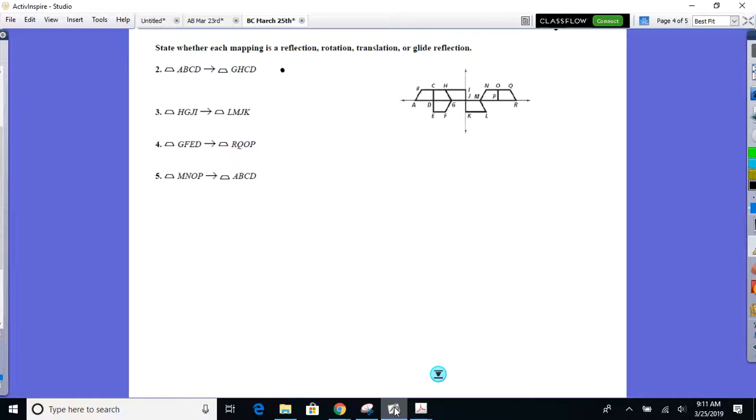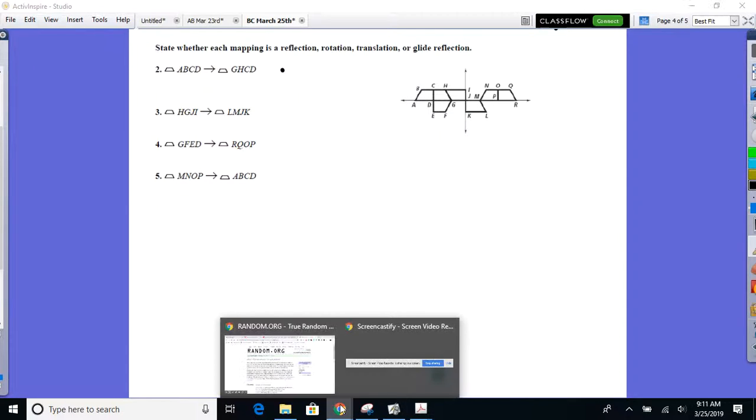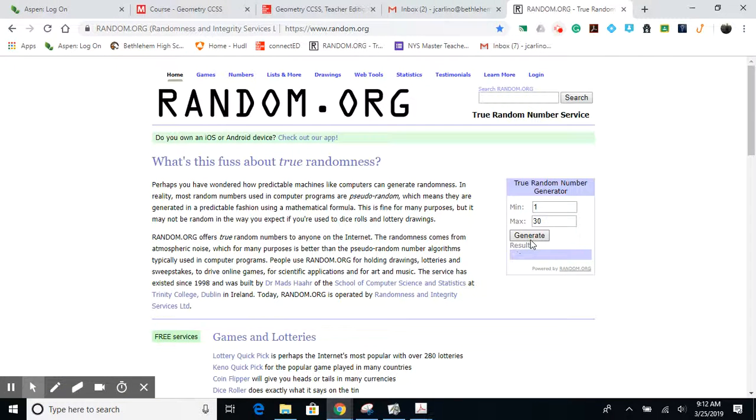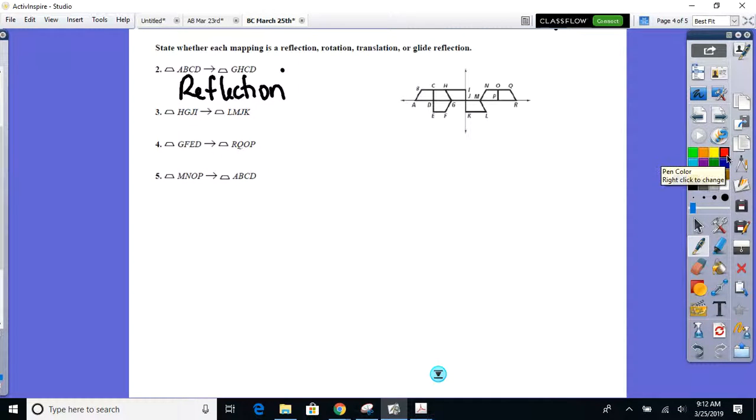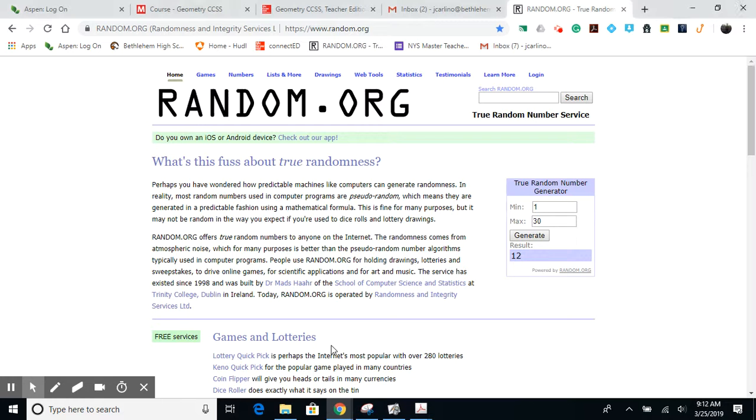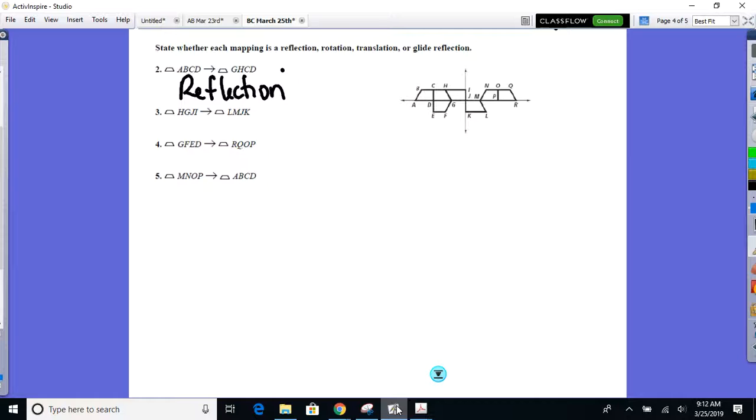Let's start with A, B, C, D to G, H, C, D. What am I doing here? That is a reflection. Perfect. Ask away at the end here if you have any comments. Looks like number 3, G, H, I, J, to L, M, J, K. Rotation.